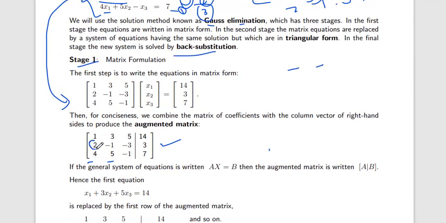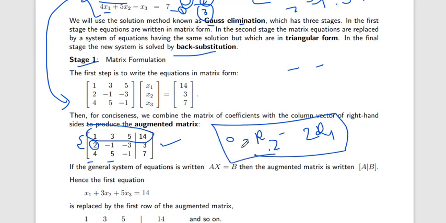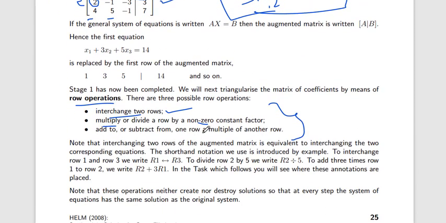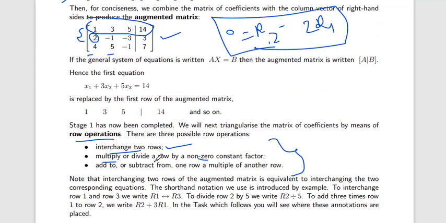If we want to get a value of 0 here, this is row 2: R2 minus 2 R1. We multiply the whole first row by 2, and the difference between these two gives 0. Third, add or subtract a multiple of another row from a row.